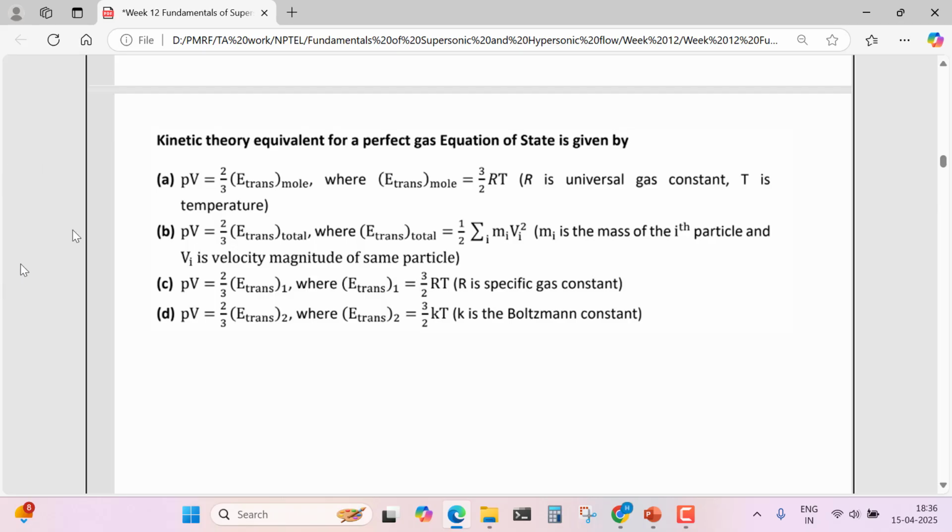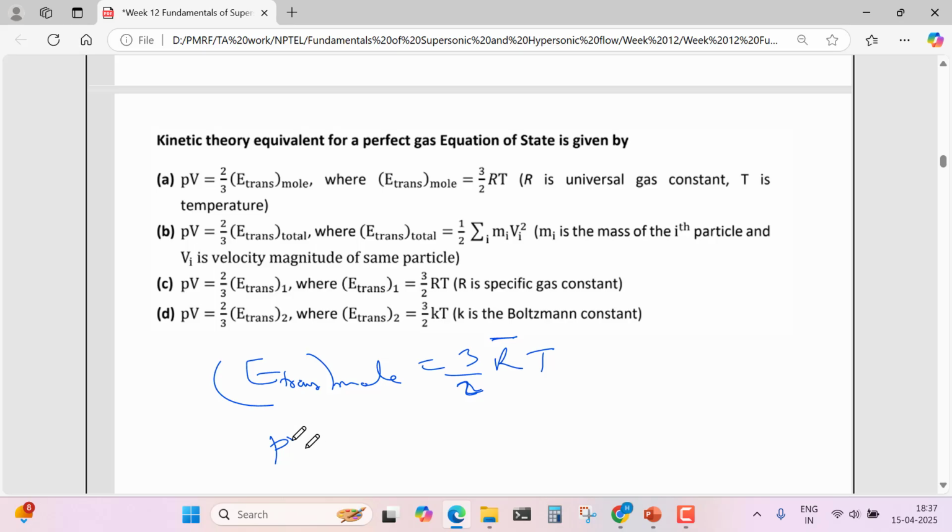So first thing to know is that E translational mole is 3 by 2 RT per mole, and this R is the universal gas constant. So the per mole energy of the gas is given by 3 by 2 RT, the translational energy.